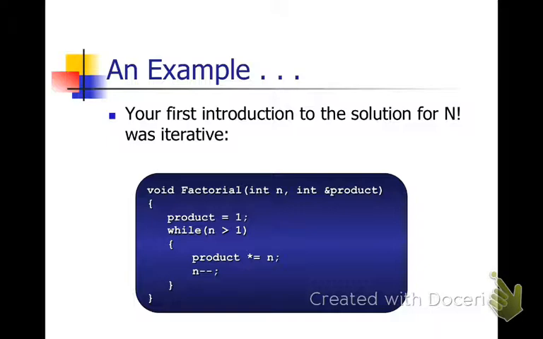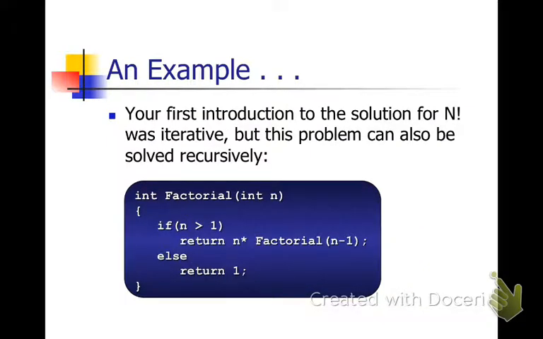You saw an example that was iterative, where we pass in n and return the product as a reference parameter, and here's the iteration where we go through and calculate it. But we can also solve this recursively in C++, where I pass in just n, and I have the two instances.